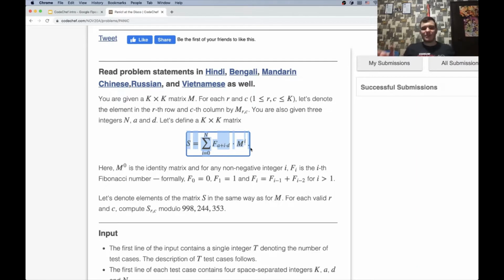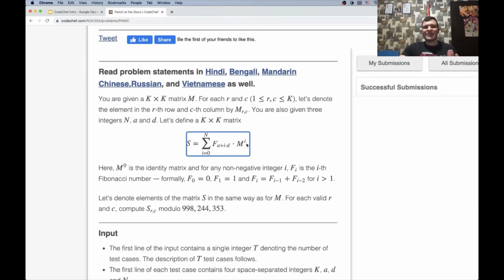It's pretty trivial, the problem statement. We are just given A and D, which are just two integers, then M, which is our matrix, and also we are given N, and we just want to find this sum. It's just the sum of a certain Fibonacci number multiplied by the matrix to the ith power for every i from 0 to this N, which is also given. And of course, as you can kind of guess, this sum grows exponentially.